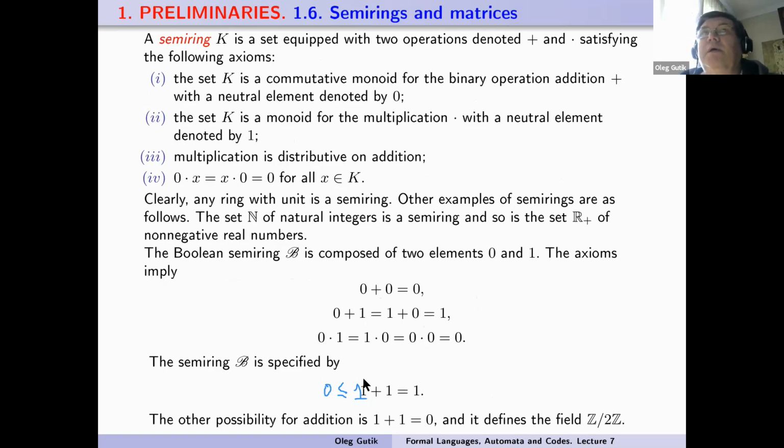Hence conditions 1 and 2 from the definition of ordered semirings hold.